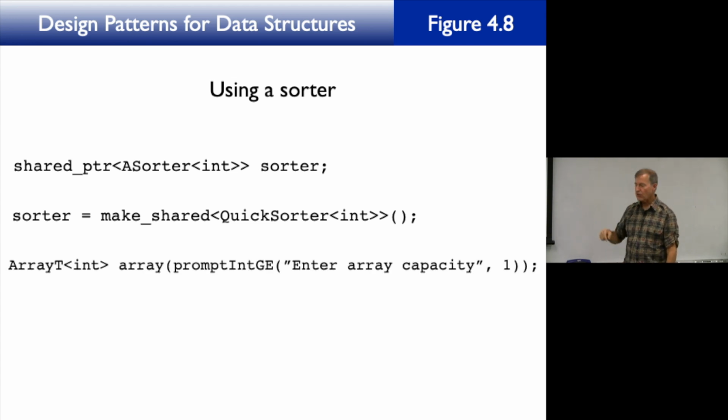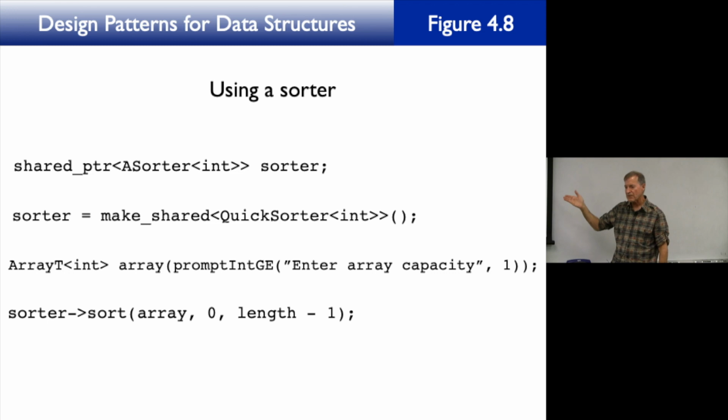Okay? And then you would have an array T. So now we have the sorter, now we need the array. So you'd declare an array T, which is one of our safe arrays, and you'd prompt to enter the capacity, etc. And now that you have the sorter and the array, you would also know what the length was, depending on whether you got it from a file or whatever.